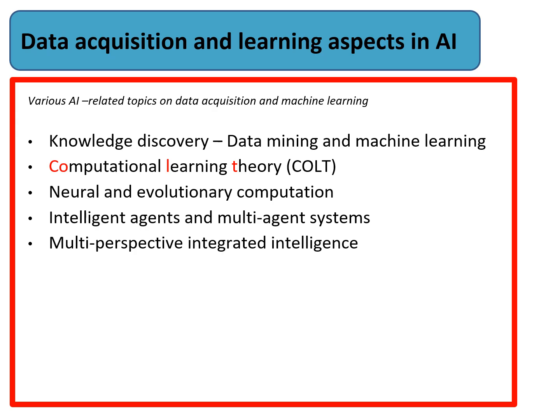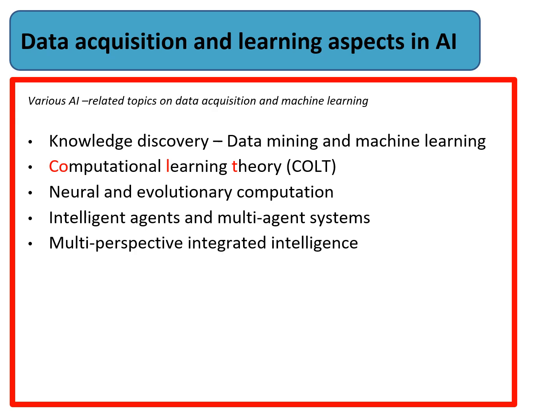Moving on, knowledge discovery is extracting useful information from large data sets. COLT, computational learning theory, is the mathematical study of machine learning and learning algorithms. Neural computation represents brain-inspired learning using neural networks.